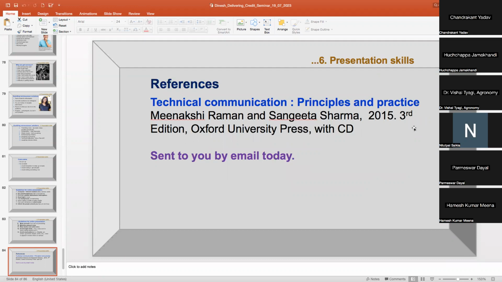And finally, references. I have several references, but I found this one of the best that can be recommended to the students: Technical Communication, Principles and Practice. Whenever you need to write a paper, to write a thesis, to make a presentation, any kind of communication, I would suggest you see this book.